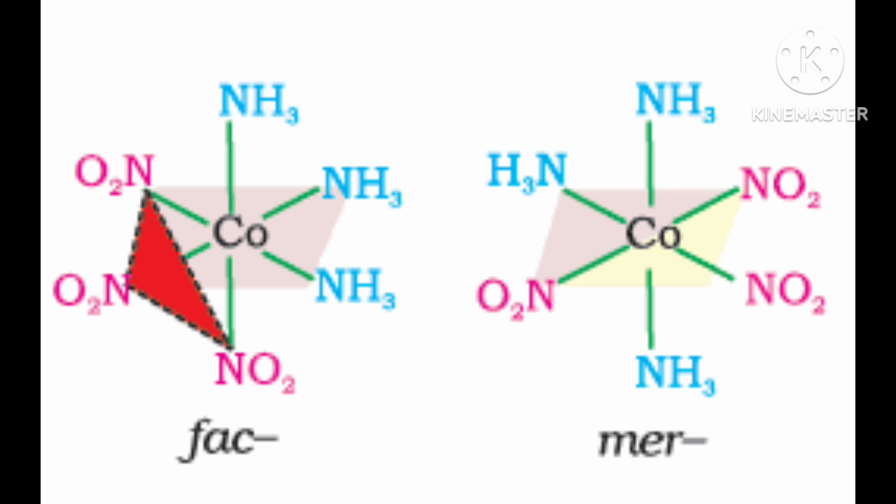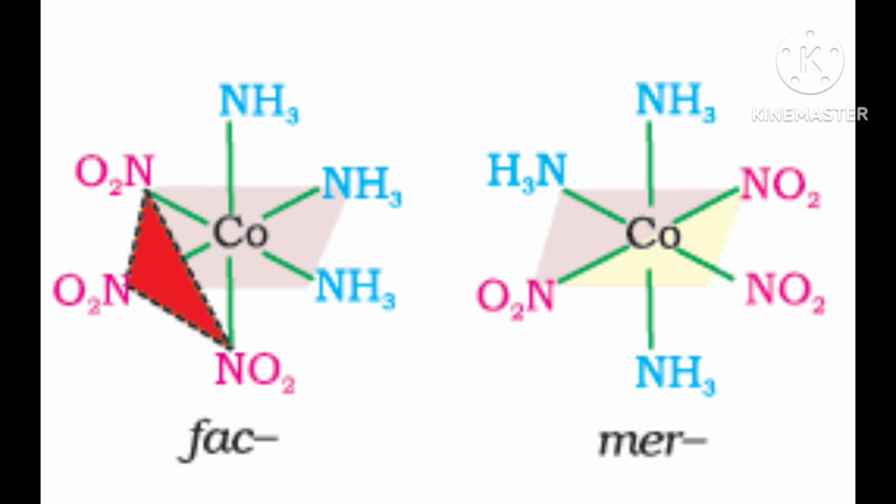For example, out of 3 NH3, 2 are close, adjacent, and the third one is opposite, just like a straight line, one above the cobalt, the other below the cobalt.